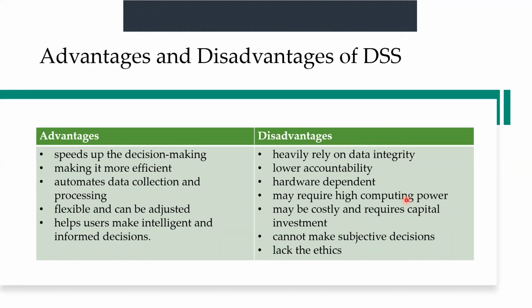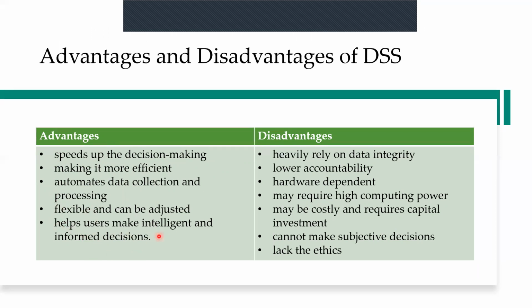Next are the advantages and disadvantages of using a DSS. Obviously, it speeds up the decision-making process because the computer handles all the data and computation, making it more efficient. It automates the process, it's flexible, it helps the user.